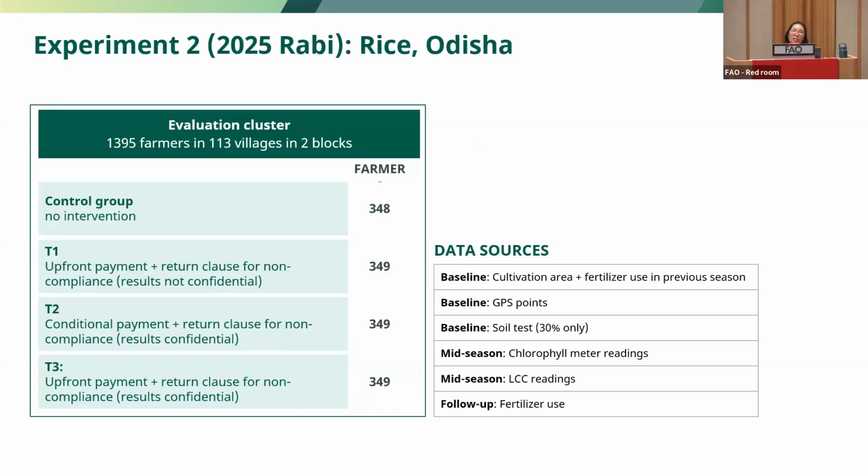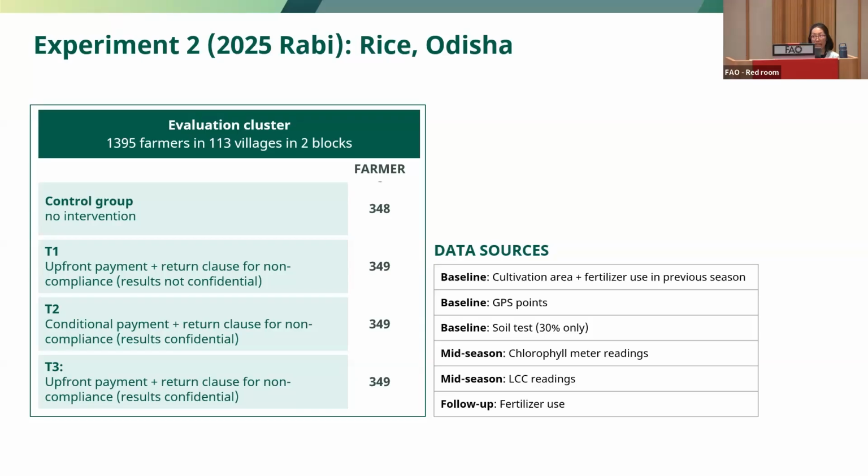And so we designed the second experiment around this result, just took the tool to a completely new setting with a new value chain. We removed the LCC-only arm, added the return clause to every financial treatment arm, but we varied 2 things. First, we varied whether we told the farmer that the results of the LCC spot checks would be visible to their neighbors, or would be strictly confidential.